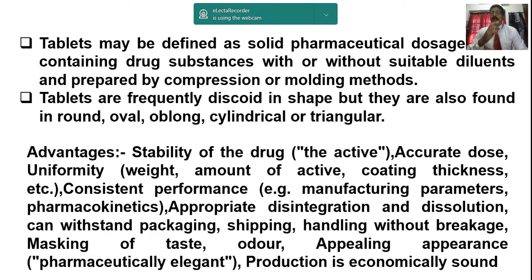So for example, if you are using a potent drug, and the quantity of the drug is a very small amount, like 20 milligram or 10 milligram, it is not possible to make a tablet or to make a dosage form. So you need to increase the bulk, and you use diluents. There are many substances apart from the active ingredient.